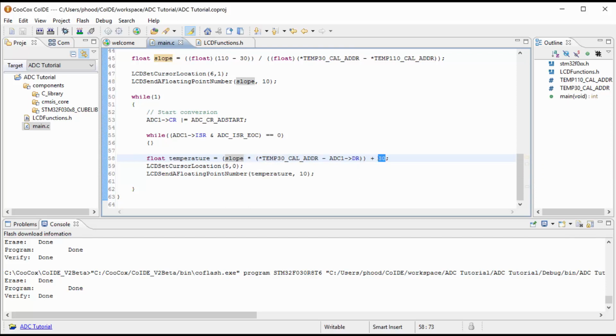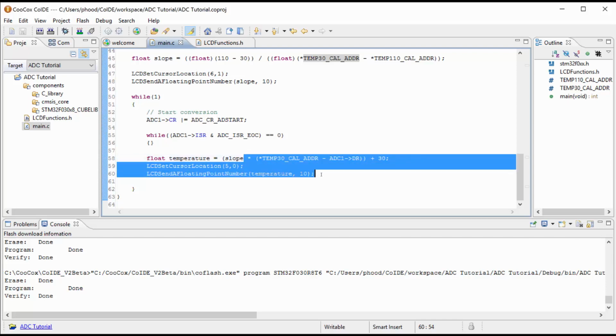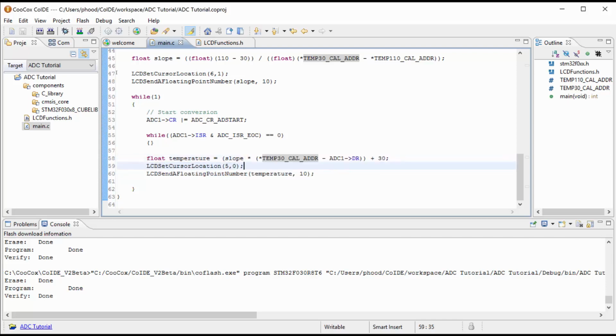Otherwise we would have just gotten a 6-degree temperature, which would be completely incorrect, and we're using the calibrated 30-degree temperature, so we had to offset it up to 30 degrees. And all we did was print it to the display and to see what value we got.